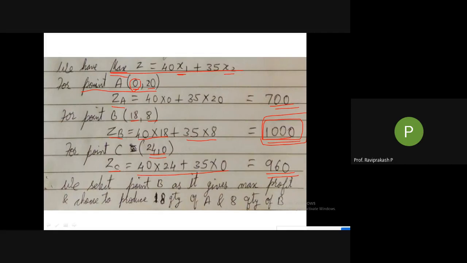So what is the inference? Point B I need to take, but how? Here 18 and 8 will help you. We select point B, which is giving the optimum or maximum solution.